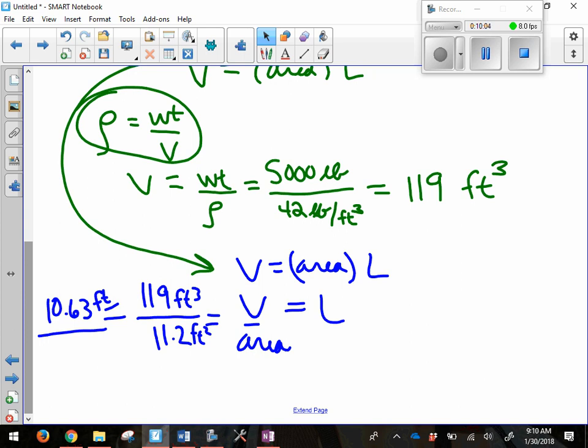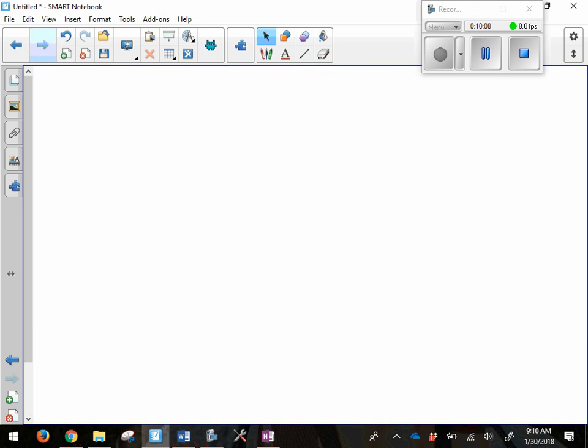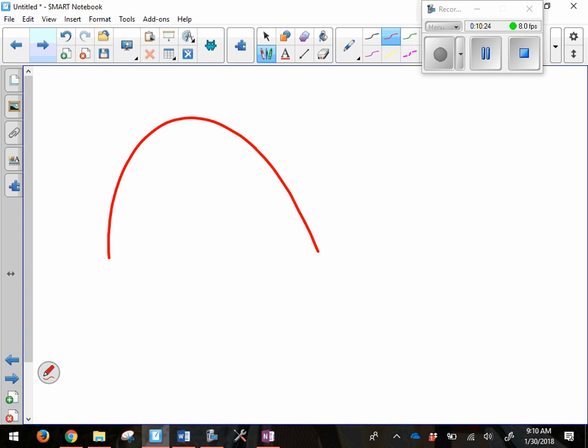Okay, so maybe we can just kind of talk about it without doing the whole thing. So we're talking about a figure that's part of a parabola. Let's just make a parabola and then we'll cut it off there and there.